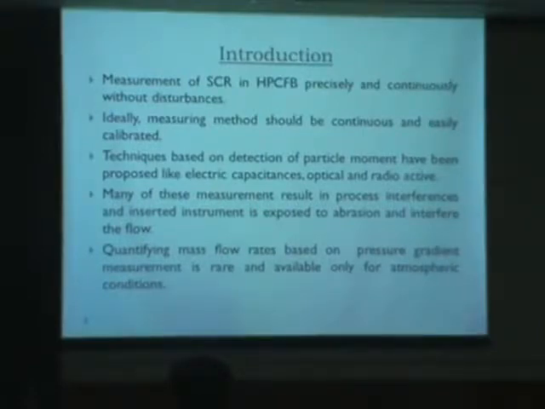But these techniques need intensive optimization, many of these measurements result in process interference, and the inserted instrument is exposed to abrasion and interferes with flow. So another option is to quantify mass flow rate based on pressure gauge measurement, which is rare and available only for atmospheric conditions.